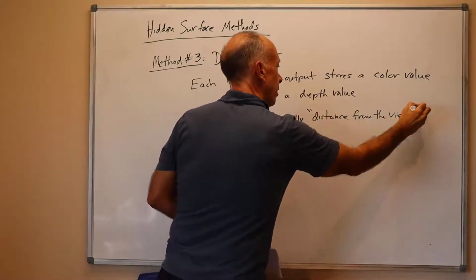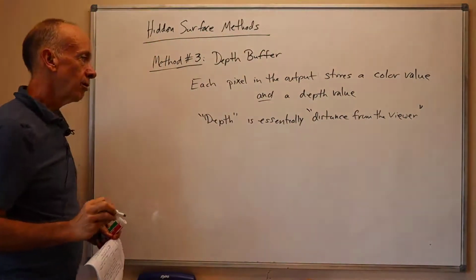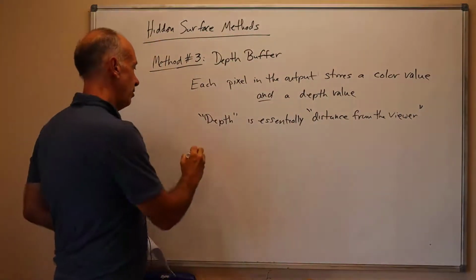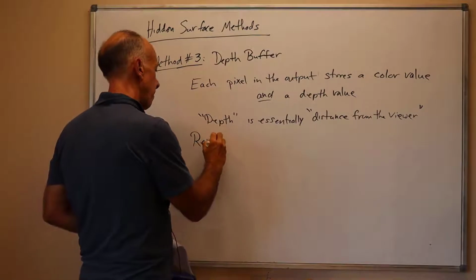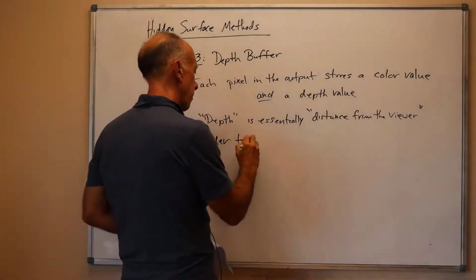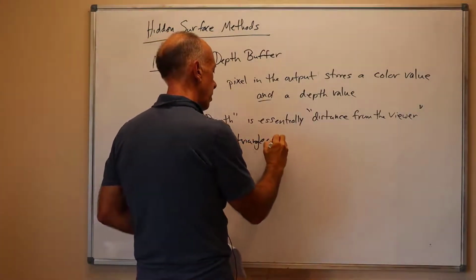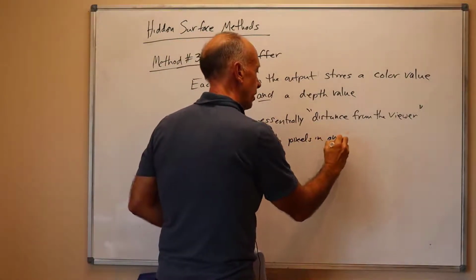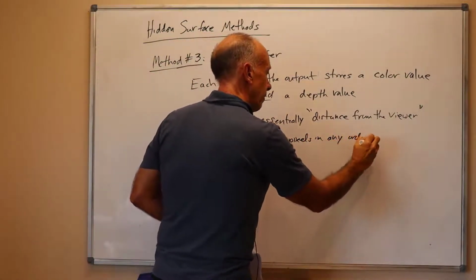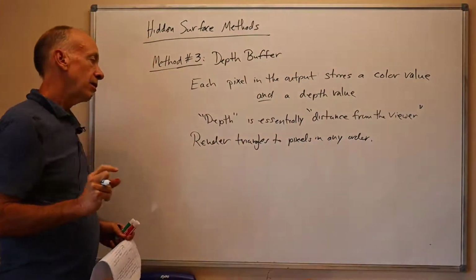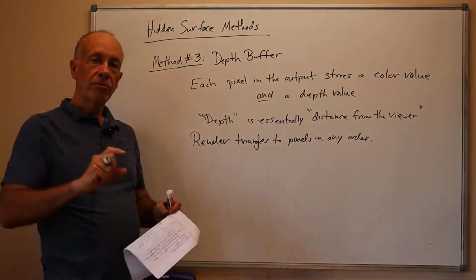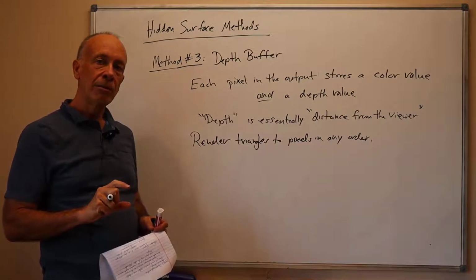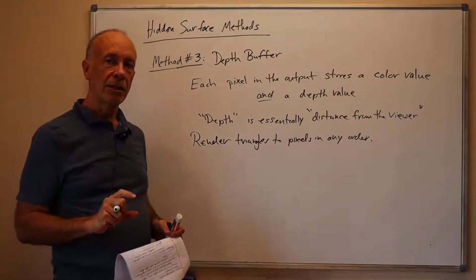And so what we'll do is, when we're drawing a triangle, we render the triangles in any order. They can be completely unsorted. And when we do this, we prepare to write into the pixels that go with that triangle.